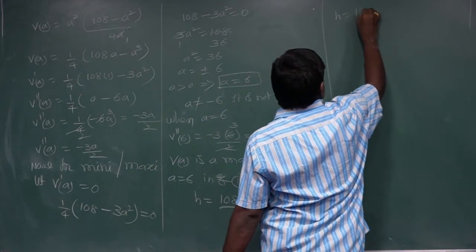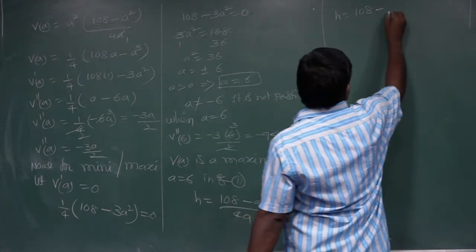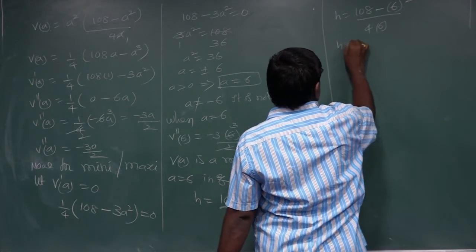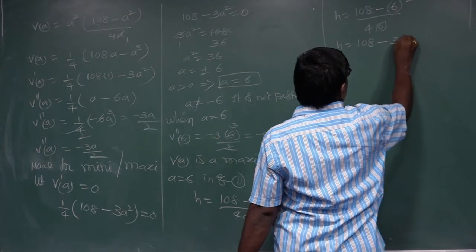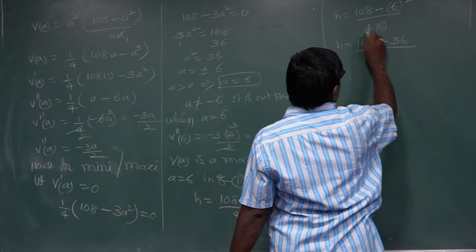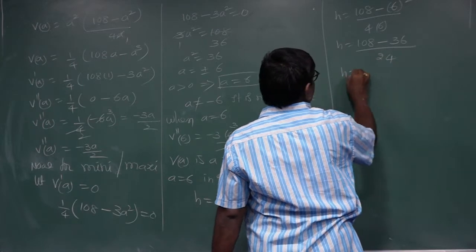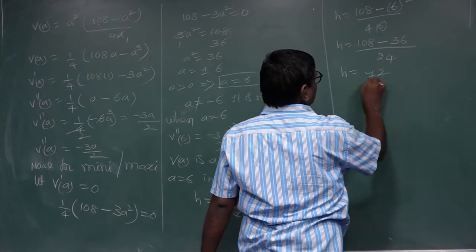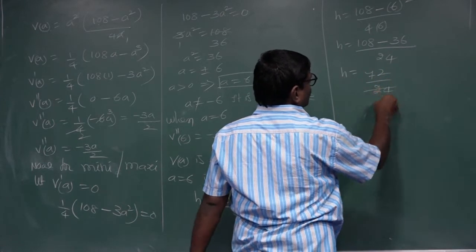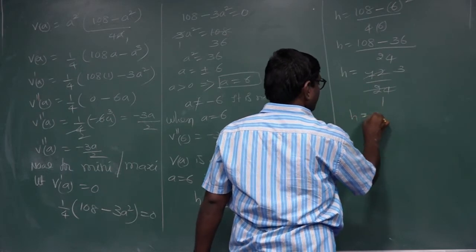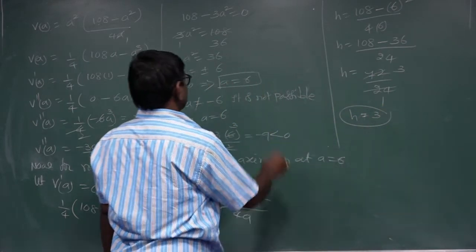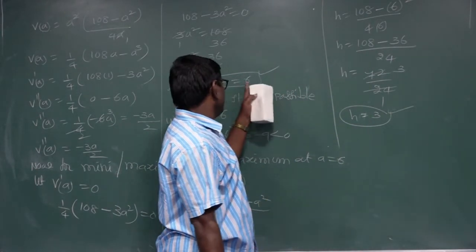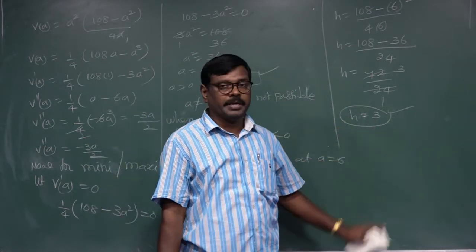H equals 108 minus 6 whole square by 4 into 6. 6 whole square is nothing but 36, and 4 into 6 is 24. H equals 108 minus 36 by 24, which is 72 by 24. H is equal to 3.